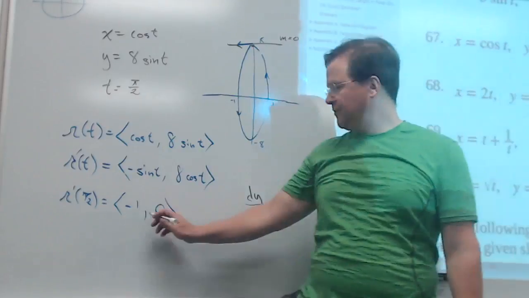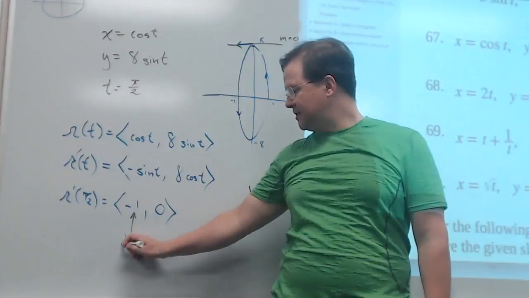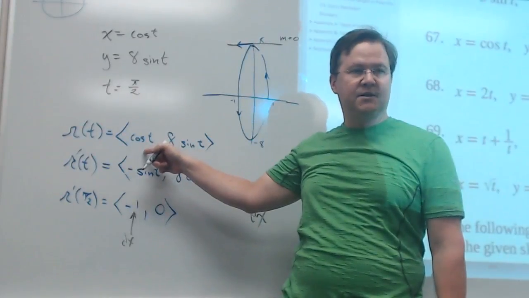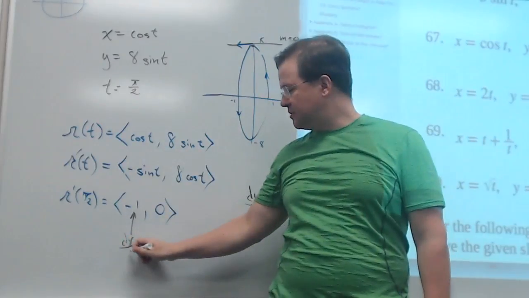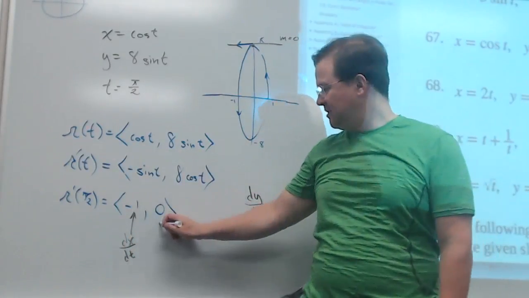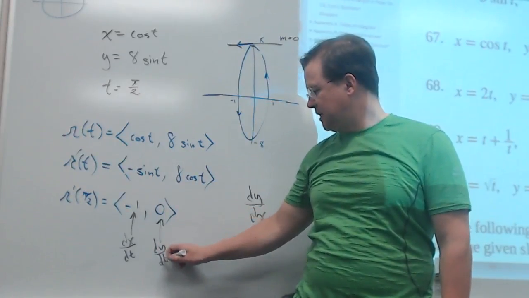Notice that what this is right here, that's actually dx, because I took the x coordinate and took the derivative of it with respect to t. And this right here is the derivative of y with respect to t.